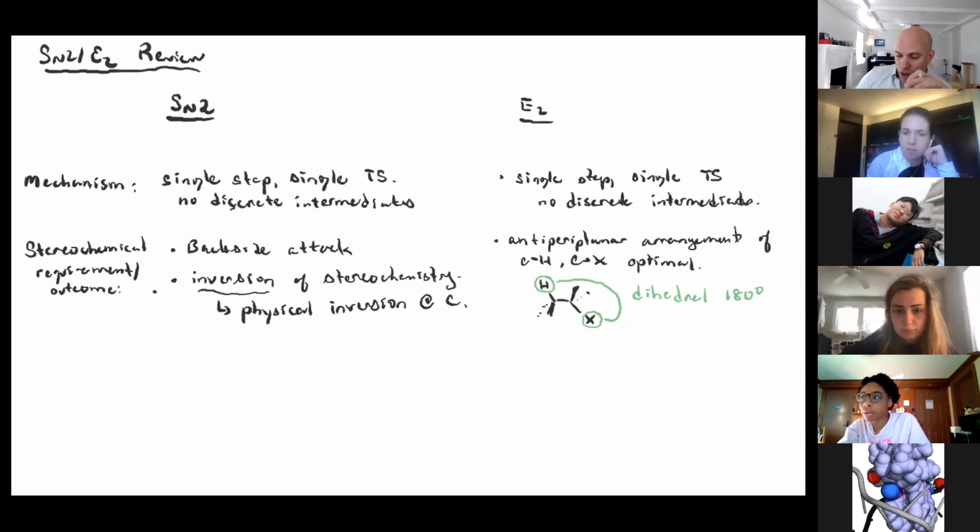And so we'll talk about that in orbital terms in a second. But then the other option, which is not as good, a higher transition state, but still possible, is syn-periplanar.